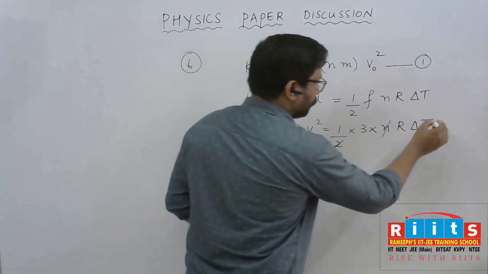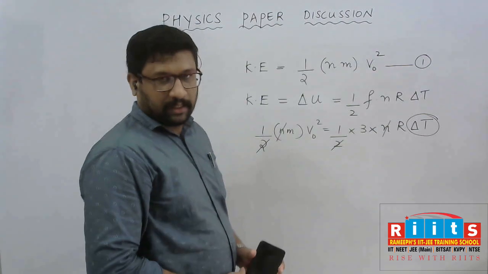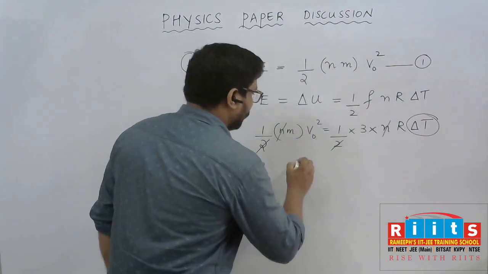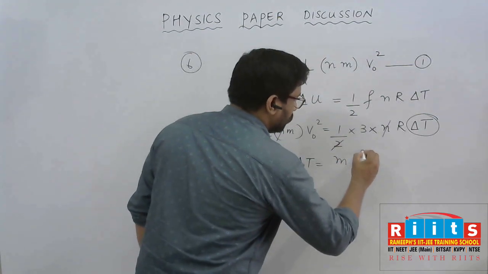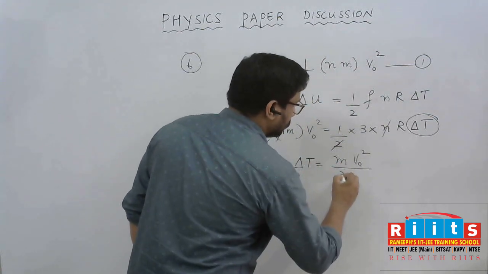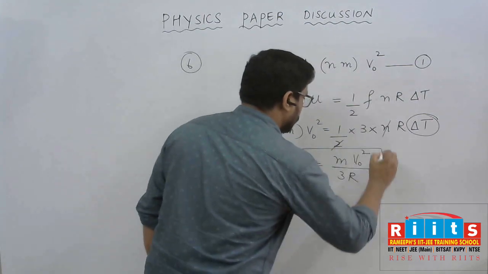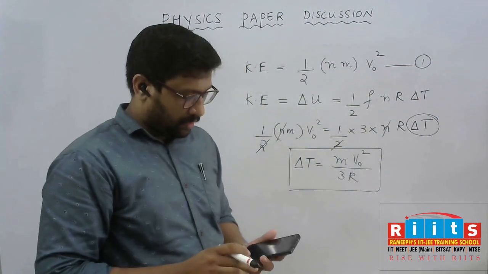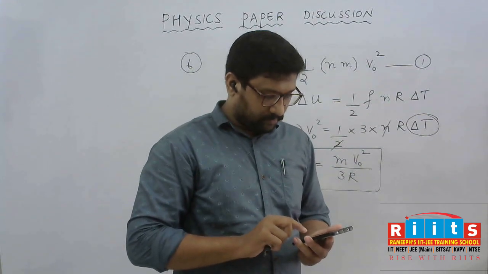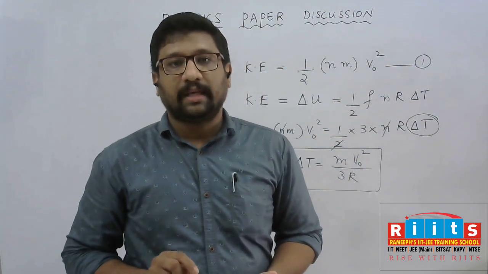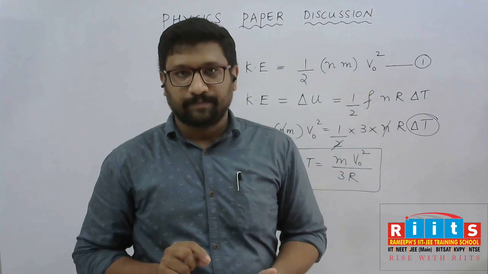And finally, the change in temperature, that is the question they are asking. The change in temperature delta T will be nothing but m V0 square divided by 3R. So this is the required answer. So the correct option is option A.